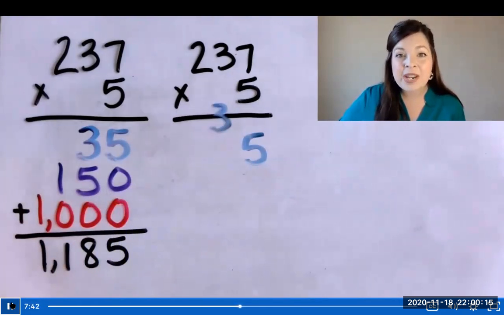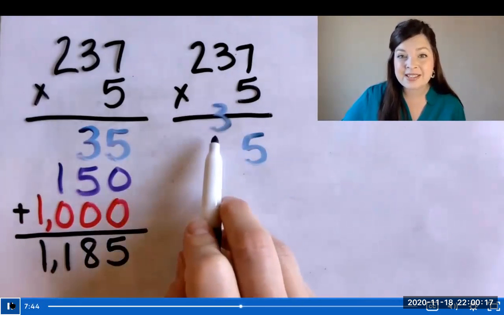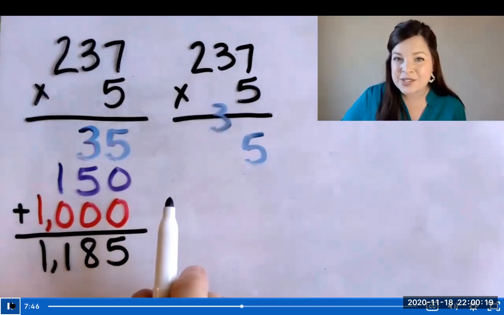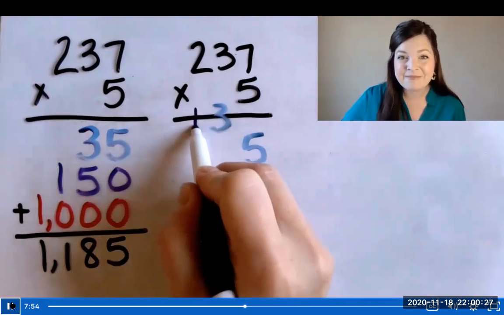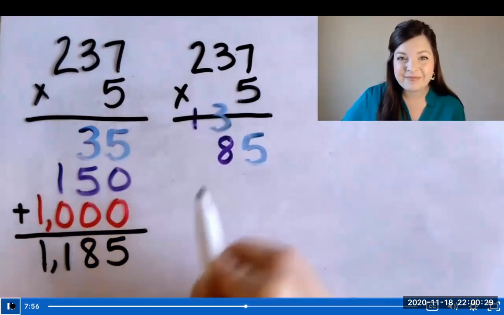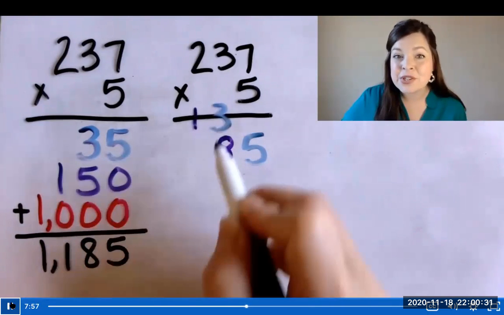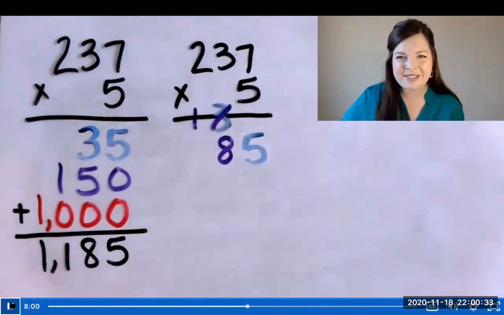For the standard algorithm, we need to add in these 3 tens. So 15 tens plus 3 tens is what? 18 tens. We can record 18 tens like this. And remember to scratch out the 3 tens because we already added them in.